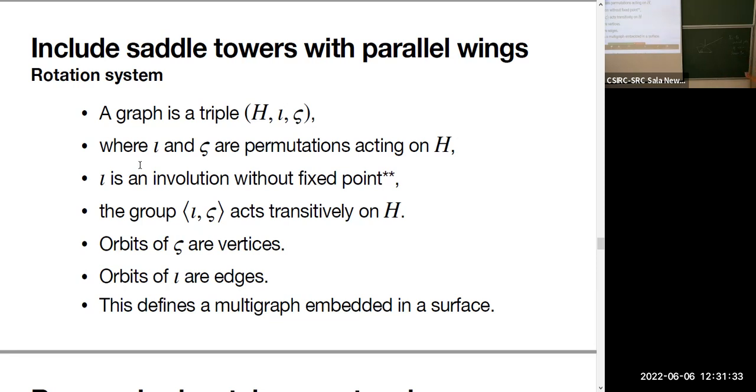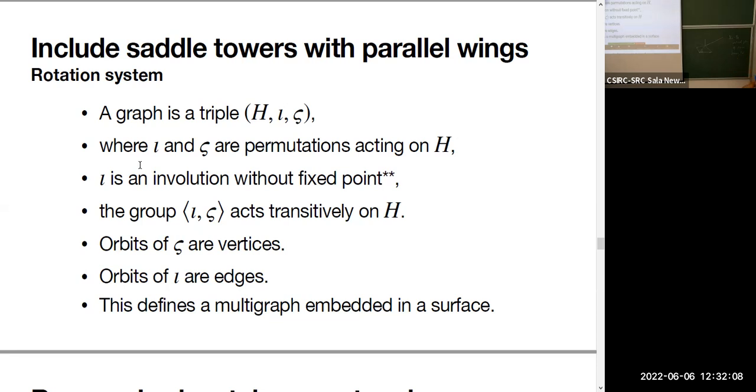And now I have a new definition of what are vertices and what are edges. The vertices are orbits of sigma, because orbits of sigma are the ones you rotate. So that gives all the half edges that are adjacent to the same vertex. And the edges are the orbits of iota. It's an involution, so the orbits are always of size 2.